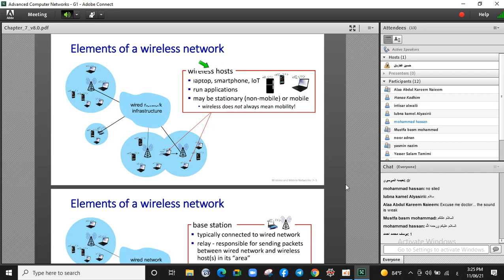Some wireless hosts, some wireless nodes can move, and some cannot. So wireless does not mean mobility. Maybe a wireless node is mobile, maybe not. So we should make it clear: a wireless host maybe can move, or maybe cannot. Okay.